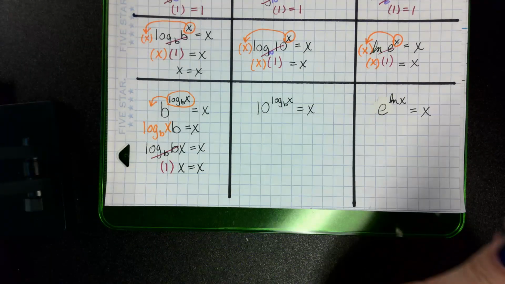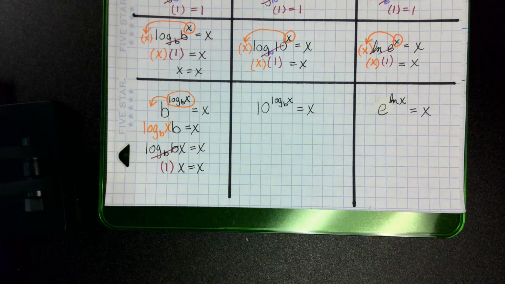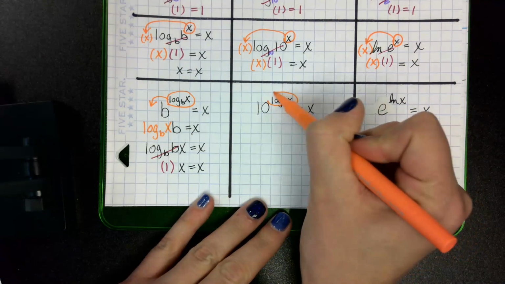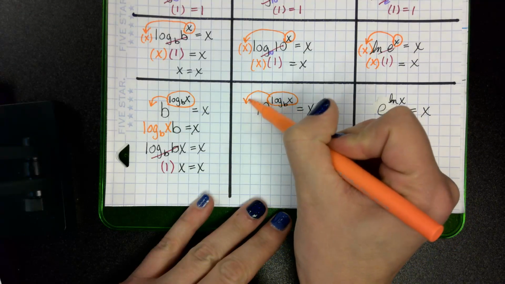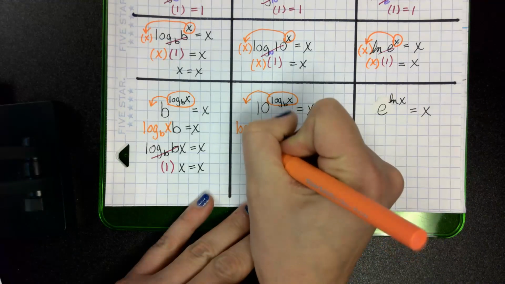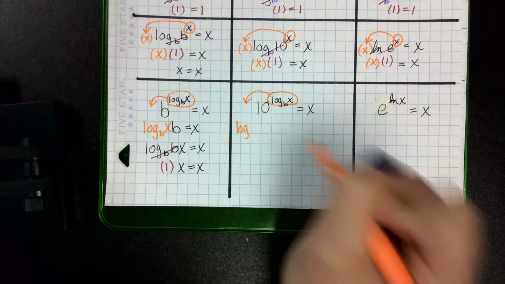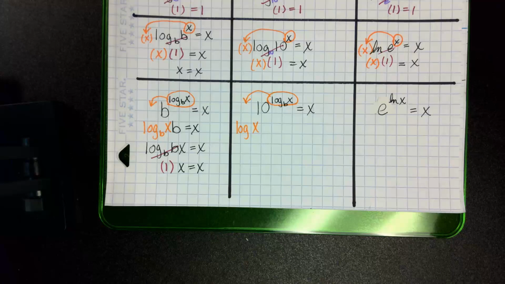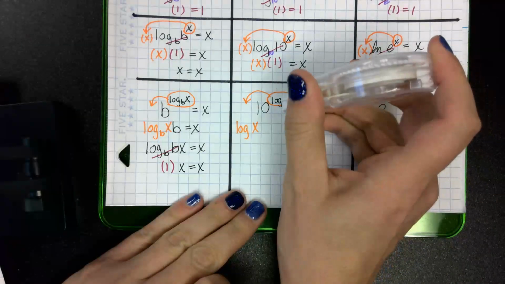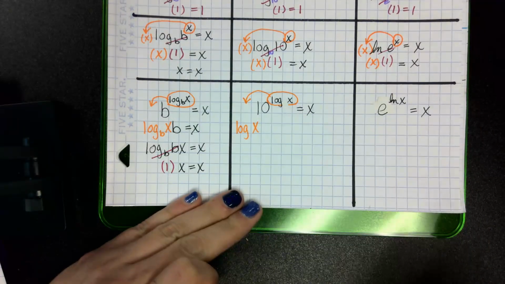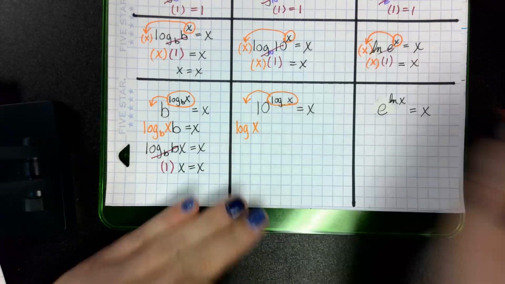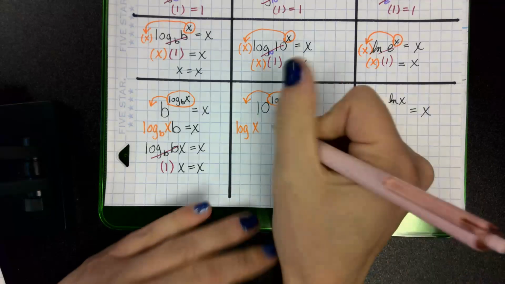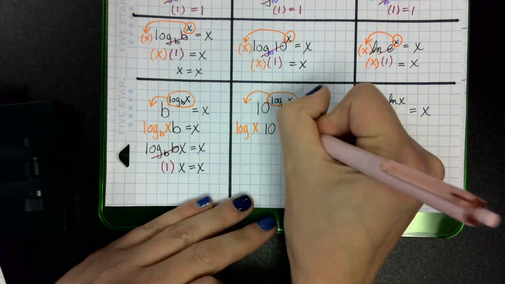All right, so the next one, again, it's the same process. We have an exponential, and there's a log in the exponential. So we're going to take the exponent and move it in front. So now it is log, oh, I wrote base b. That's just supposed to be log x. That b is not supposed to be there. That one was just log x. So log x, and then we add 10 times 10 equals x.